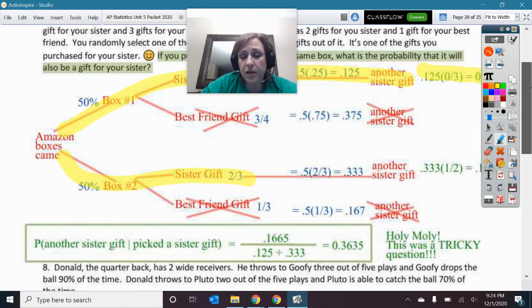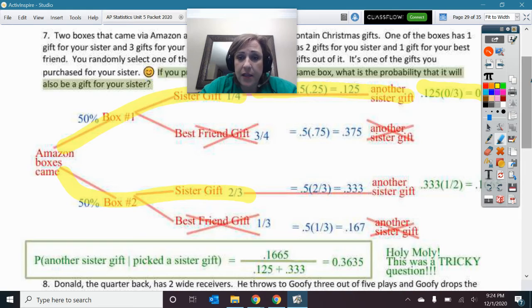But over here, this one, I have gotten the gift for my sister, first one. But now you pull that out and you need to get another one. How many gifts in there are for your sister? There's 2 gifts left, and 1/2 of the ones that are in there are for your sister.